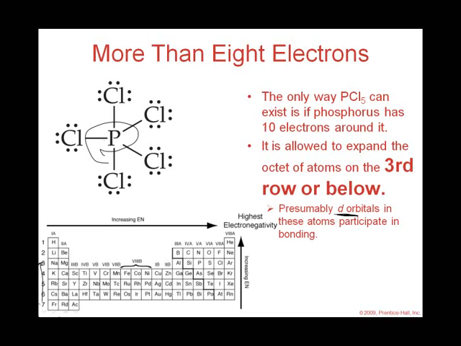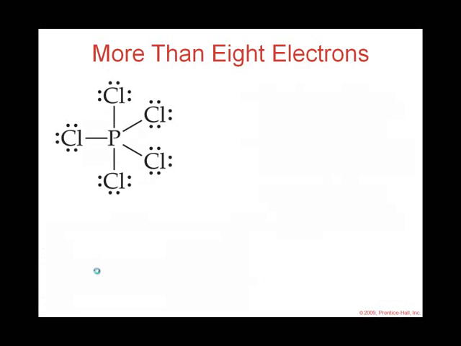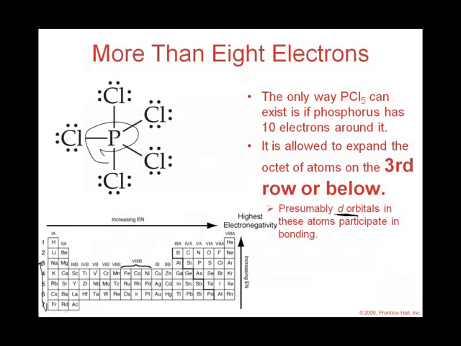When we say 3 or below, we're talking about below it in the periodic table, not lower than 3 in number, right? So it's got to be at least the 3rd row, and phosphorus is the 3rd row. There are d orbitals here. They're not filled, right? But that's okay.